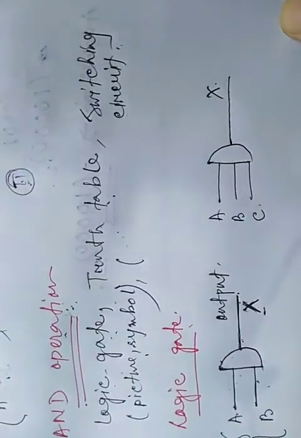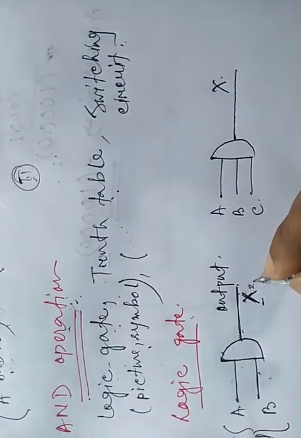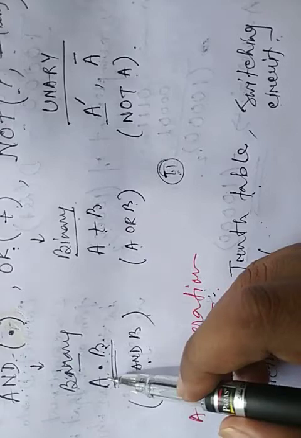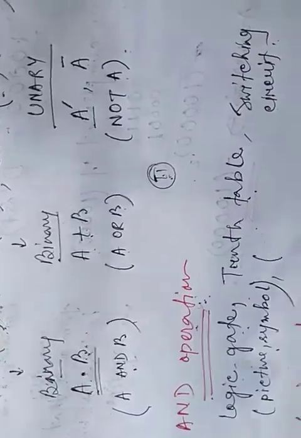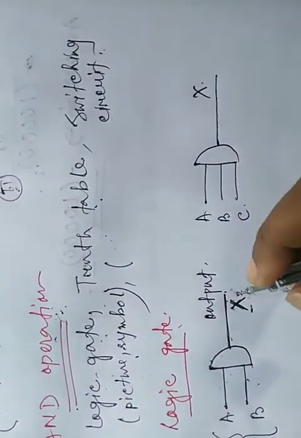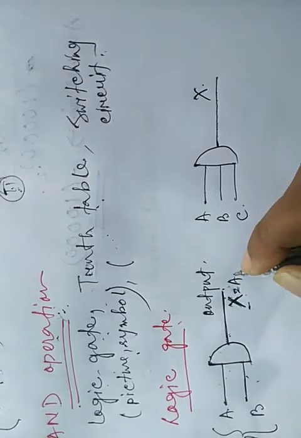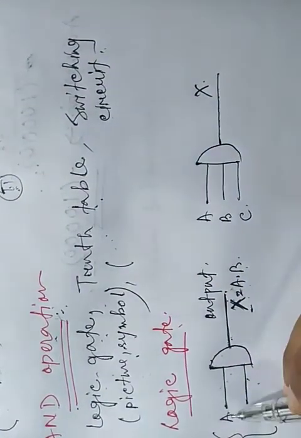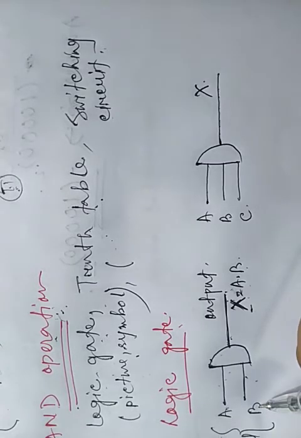For the inputs A and B, AND is denoted by A dot B. So X equals A dot B. Why A dot B? As it is A and B here.